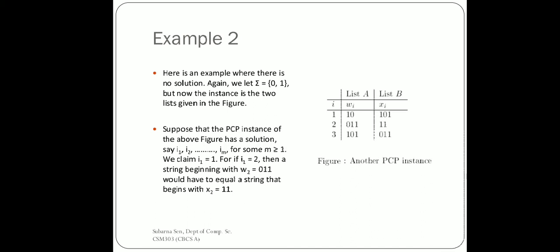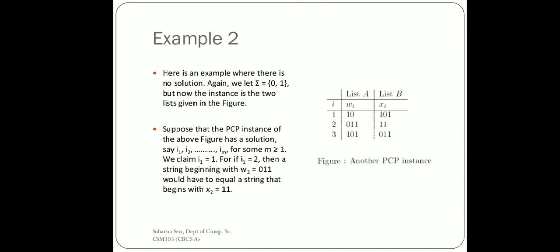We could claim I1 to be 1, but beforehand we will prove that if we start with I1 we can move a certain number of steps, but we will not come to the solution. Now just to begin the process, we will assume I1 to be 2. That means my string is going to start with W2 for list A and X2 for list B.